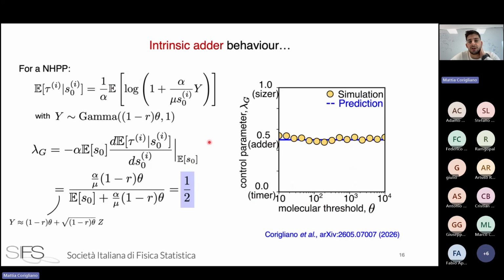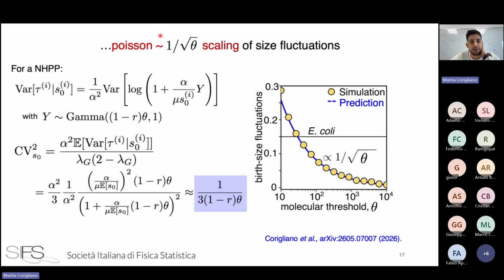So how are the fluctuations in this model? If you compute the CV squared with the recipe that I told you before, you see that, as expected, you have a Poisson scaling of size fluctuations, meaning that the CV goes as 1 over the square root of theta, where theta is the threshold.